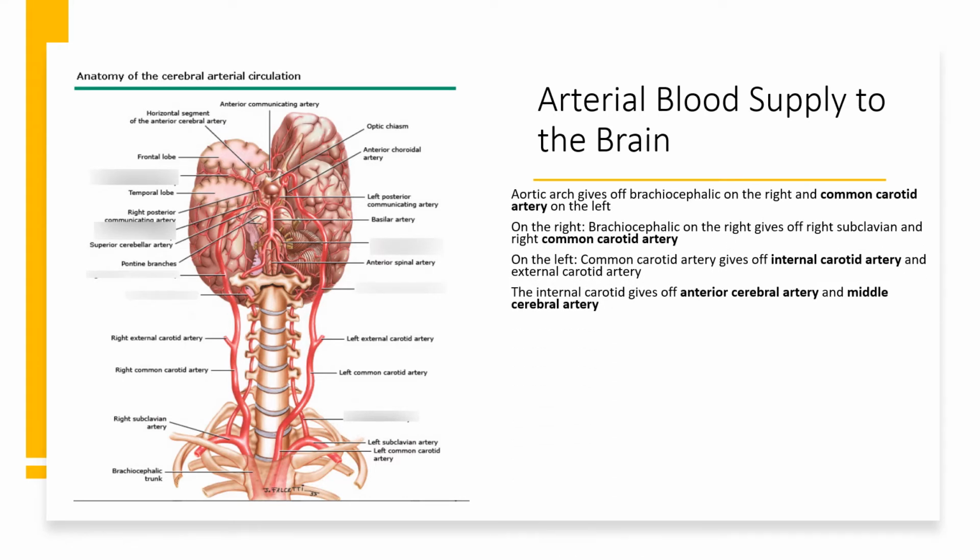The aortic arch gives off the brachiocephalic artery on the right, which is right here, and the common carotid artery on the left, which is right here. On the right, the brachiocephalic gives off the right subclavian artery and the right common carotid artery.